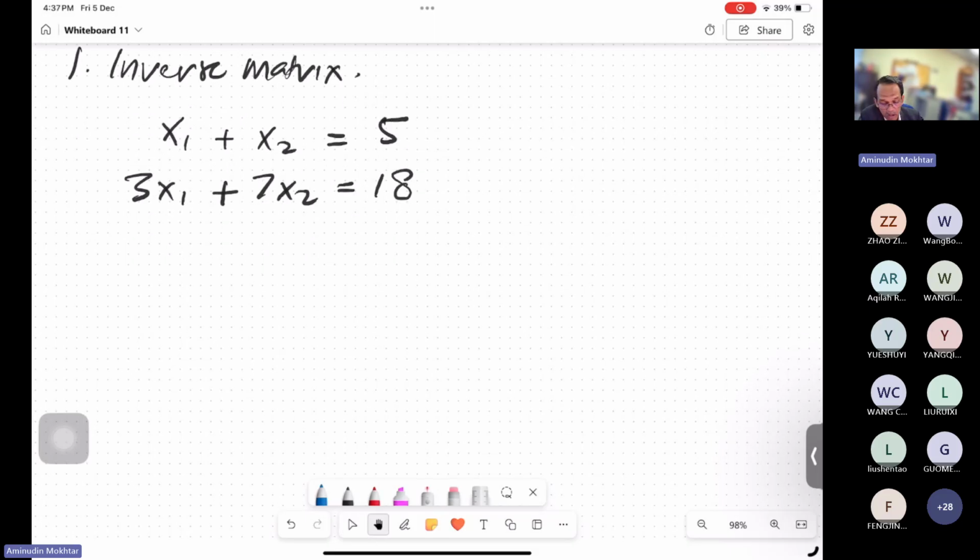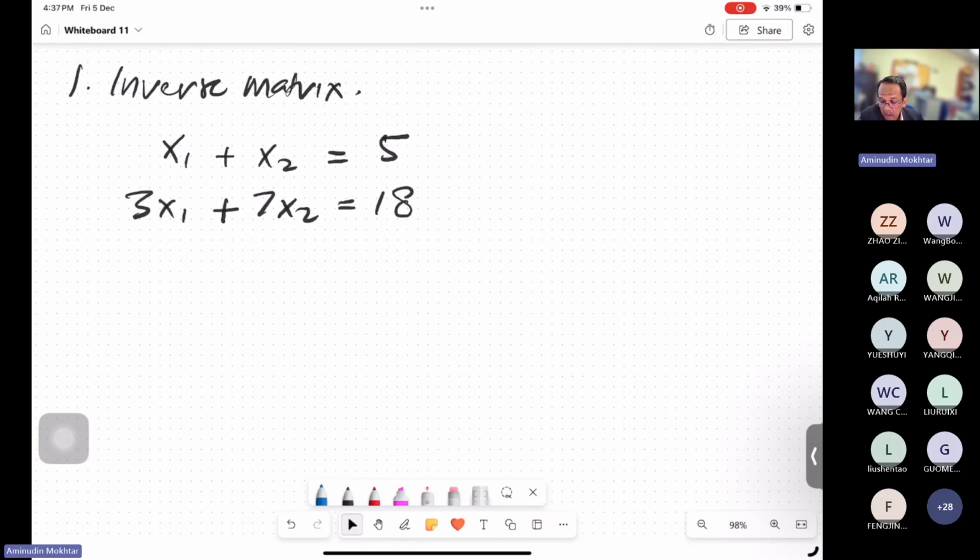Now the question is solving the system of equations.